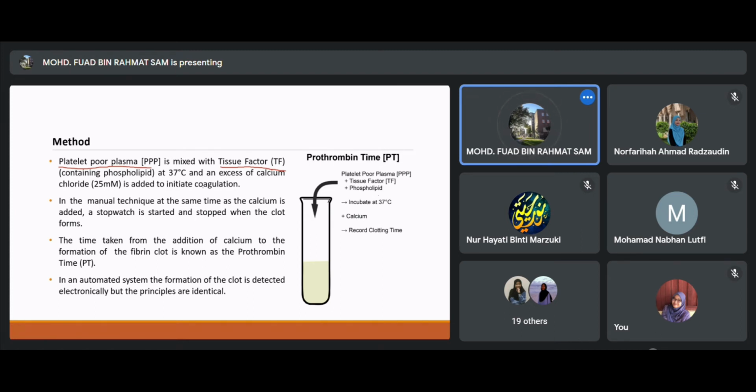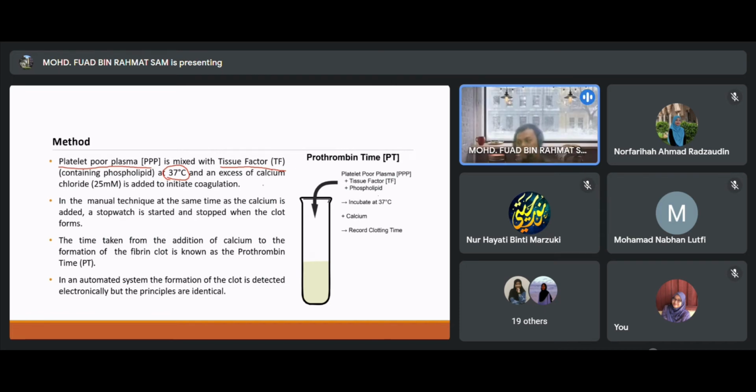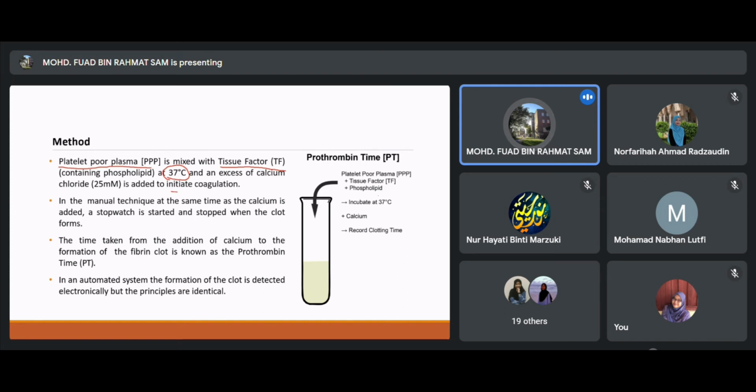Okay, and then benda ni dilakukan dalam water bath 37 degrees. The reason of 37 degrees is because it mimics the human body's temperature, and excess of calcium chloride is added to initiate coagulation.